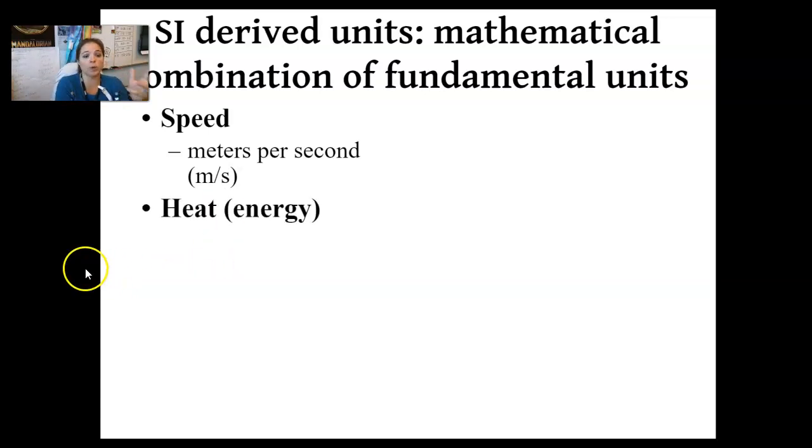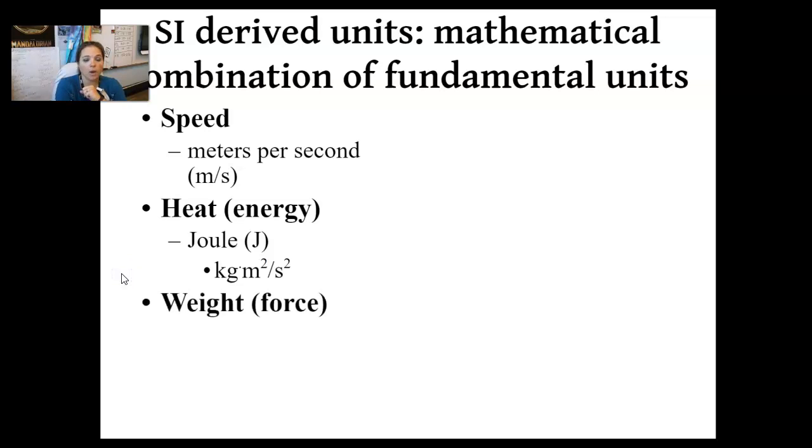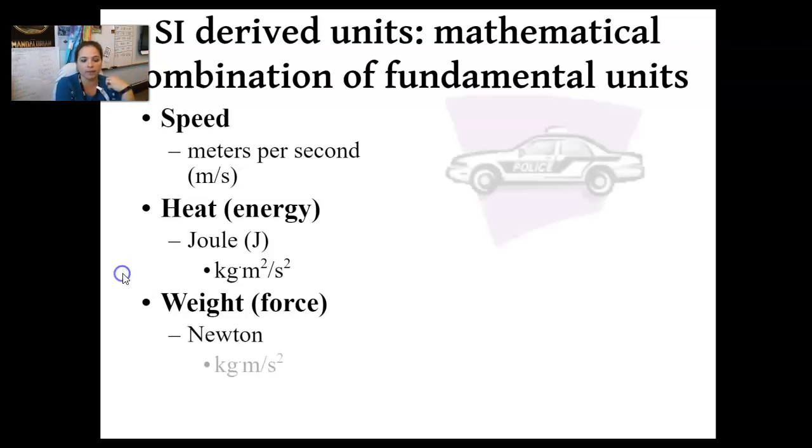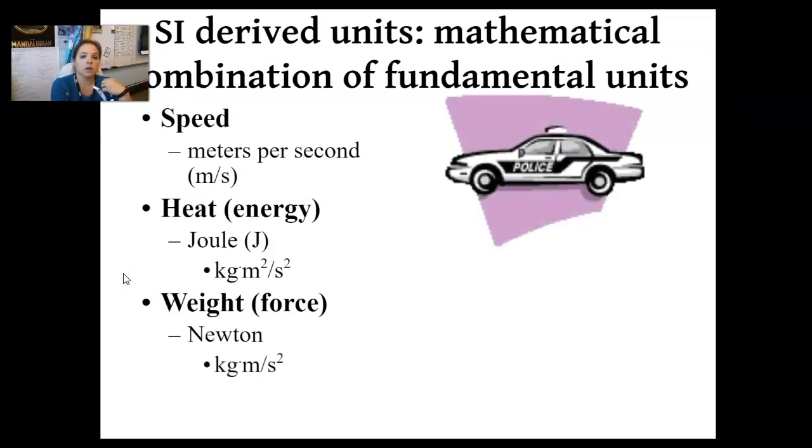Heat energy, which we are going to be dealing with, is joules, which is actually a kilogram meter squared divided by second squared. Weight or force is a Newton. You saw how I said Newton before for the moon and the earth. This is kilograms times meters per second squared.